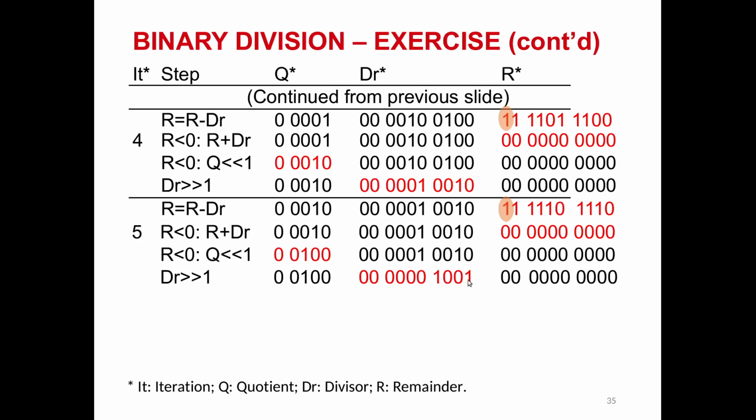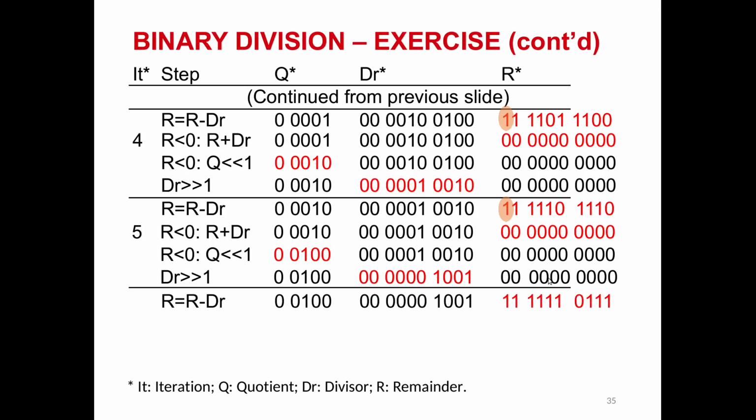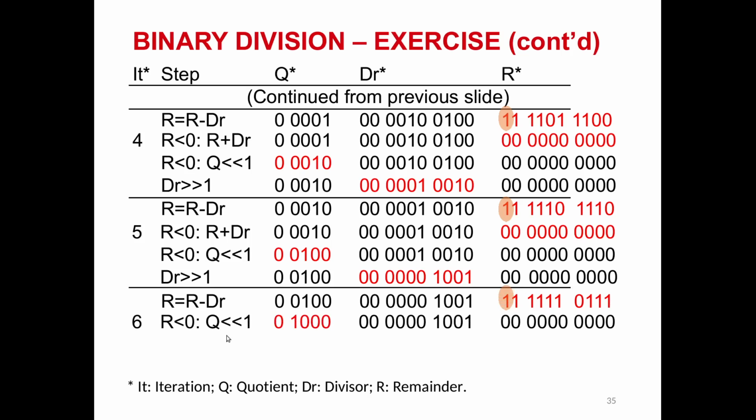And next, the sixth iteration, or the last one. Similar to the previous one, we know that we have 5 bits of Q and 5 bits of dr, and so we need 6 iterations. And so we do the same. We take R here and minus dr. The result is 1 1 1 1 1 1 0 1 1 1. So this is a negative value, or R is smaller than 0, and so we will need to reverse it back to the previous value.